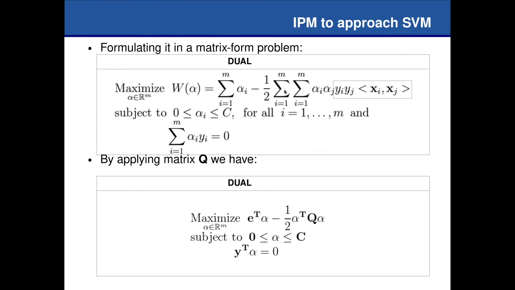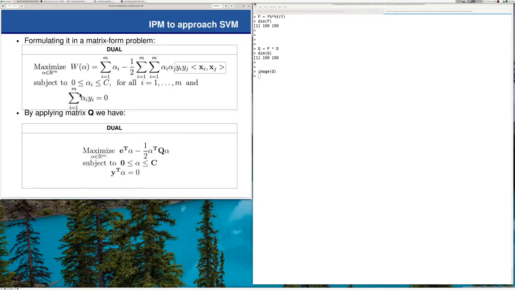So every time I see some sum of alphas multiplied by something, that's the same as alpha transpose Q alpha. We have minus 1/2. Of course, here I can formulate with this sum, but I can also take the vector containing all alphas and multiply it by the vector with ones.